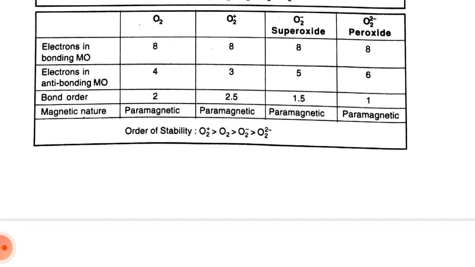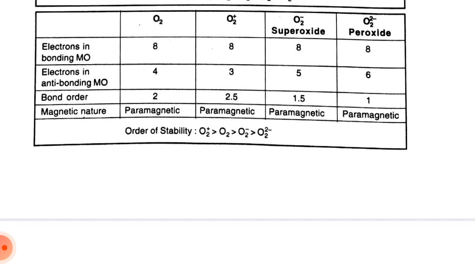O2 minus superoxide: bonding electrons are 8, antibonding electrons are 5, bond order is 1.5, magnetic nature is paramagnetic. O2 2 minus peroxide: bonding electrons are 8, antibonding electrons are 6, bond order of peroxide is 1. So the peroxide magnetic nature is paramagnetic.